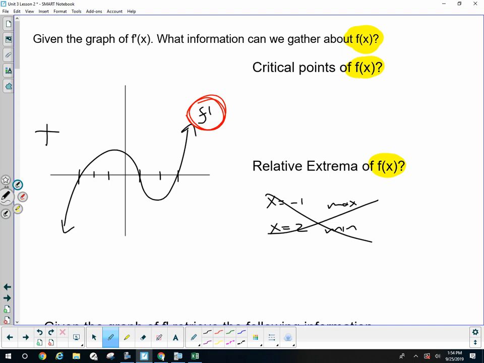Positive values, negative values. What we're going to want to do, and what I'd recommend, is translate this two-dimensional graph into a one-dimensional sign analysis chart like we've been doing. And you'll see you have zeros. Zeros are your critical points. It's where you possibly could change sign.